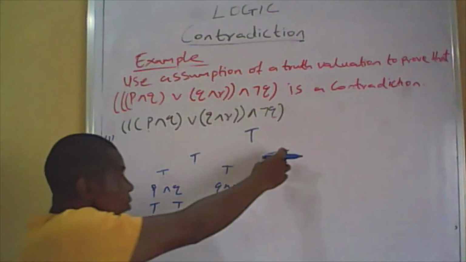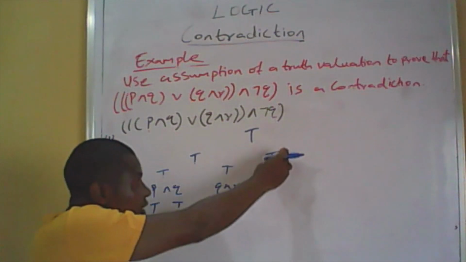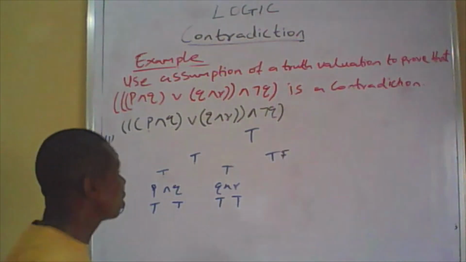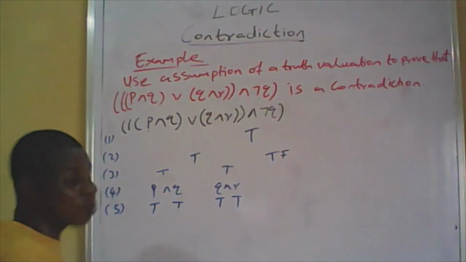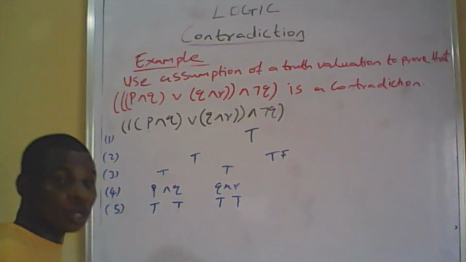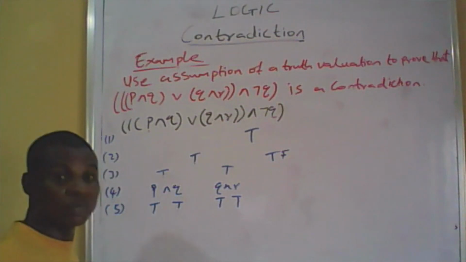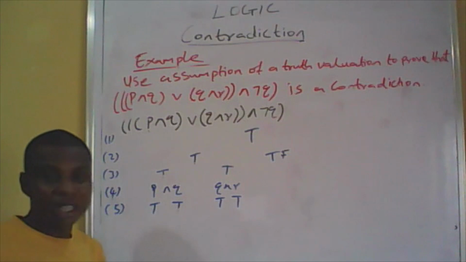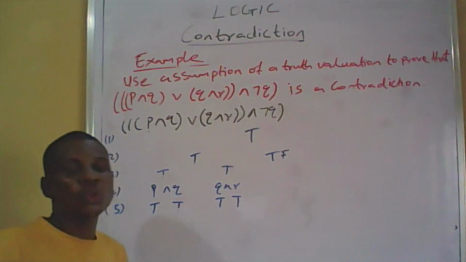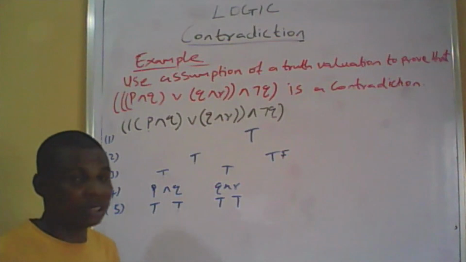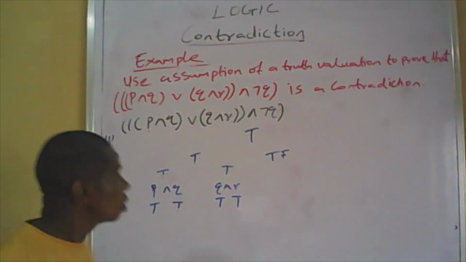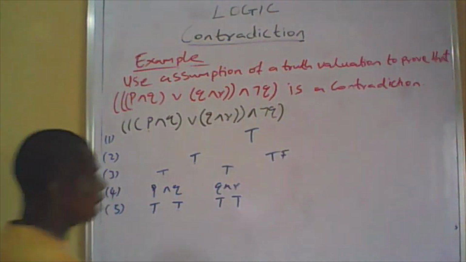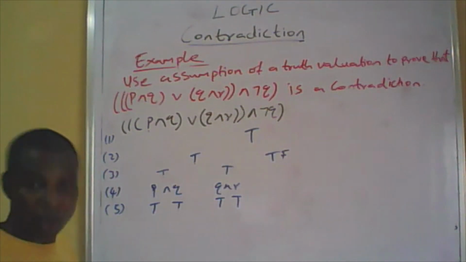Whether you use this yardstick that here is F, and this Q is F here, and this Q here is true, that means we assign truth and falsity to one statement, which is wrong. You can never assign truth and false to a particular statement, either true or false, not both of them. But here there is false, here there is truth. So there is a contradiction.